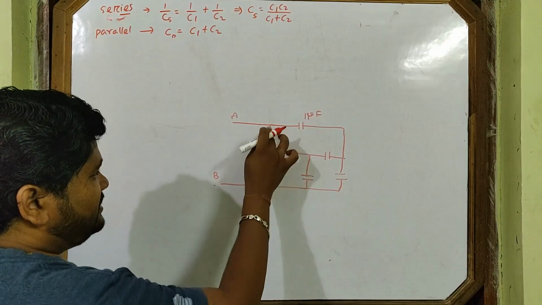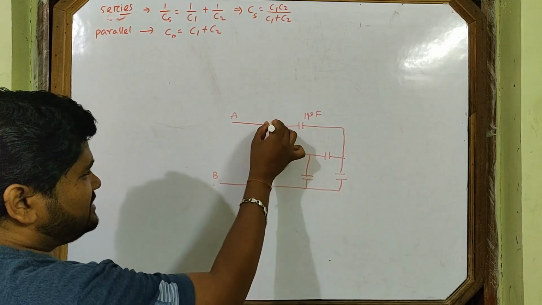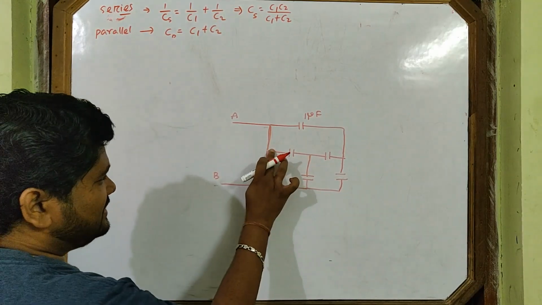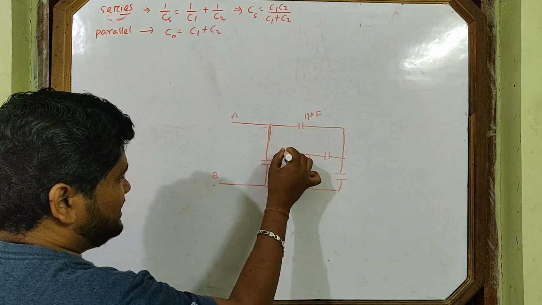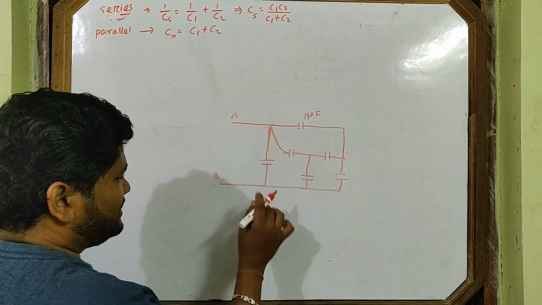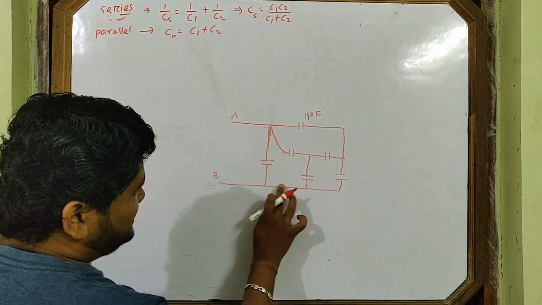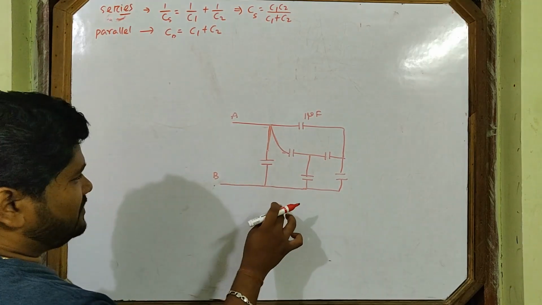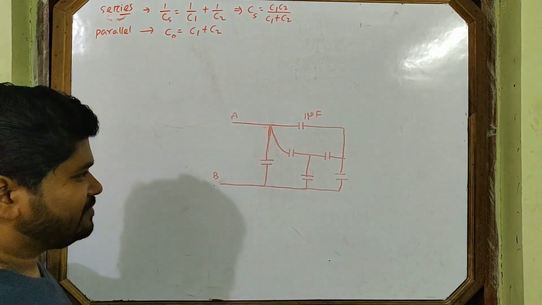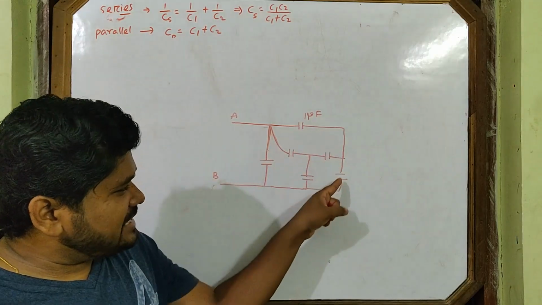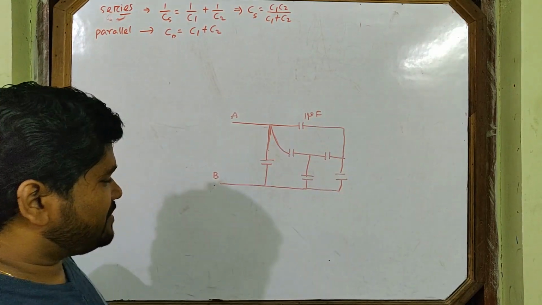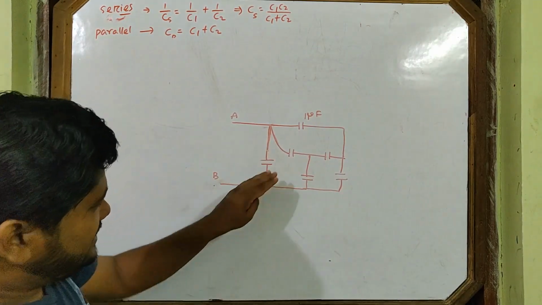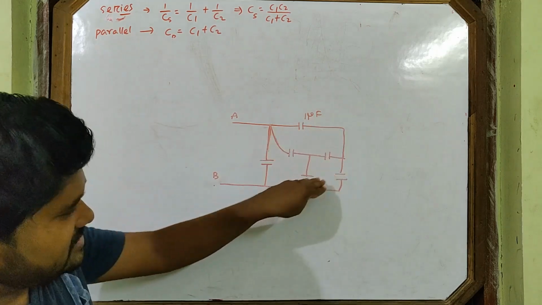So what we'll do here: these two terminals, this wire is just like an extension. Let's connect it here. This wire is also just like an extension. This is connected already, no problem. Let's connect it here. What happened? To look at this figure properly, hide this one and see these 4 capacitors.